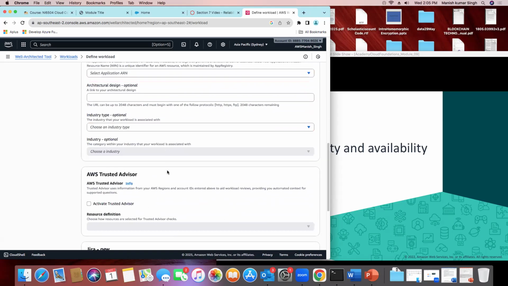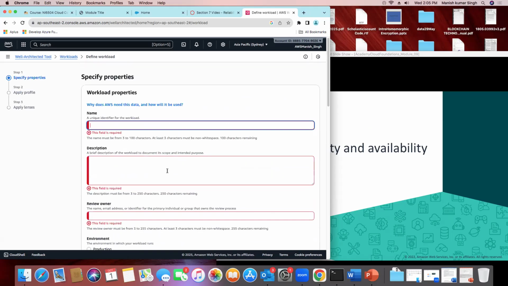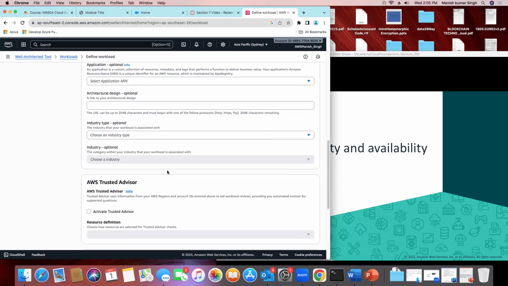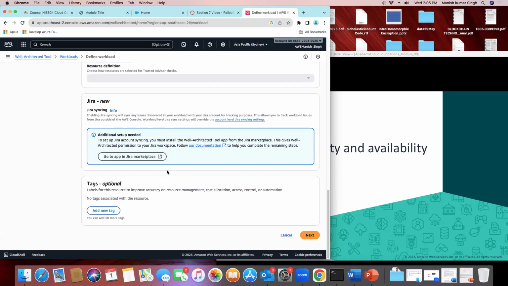I have not put any data, so I have to put some random data here, and you keep on doing next, answering these questions. Finally, you'll get a dashboard with recommendations for your workload, whatever kind of workload you have.